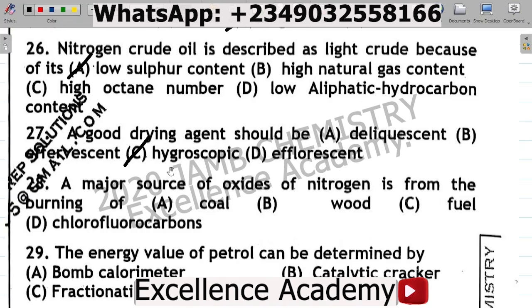And when we say hygroscopic, what does that mean? When something is hygroscopic, it simply means that it absorbs water from the atmosphere or the surrounding in which it is placed. If it should be a drying agent, it should be able to absorb moisture or water from wherever it's kept. That's why it should be hygroscopic in nature.